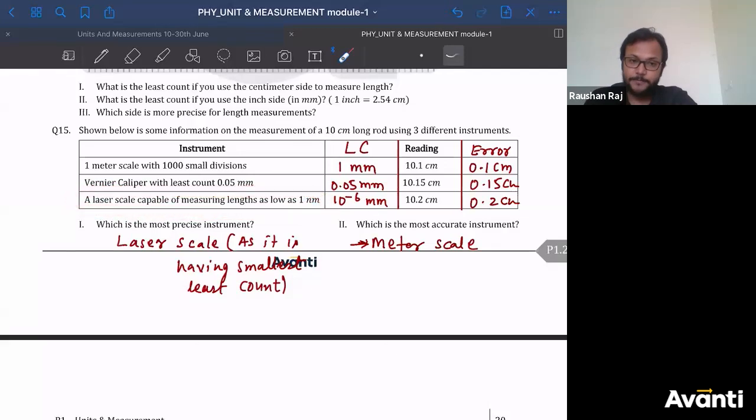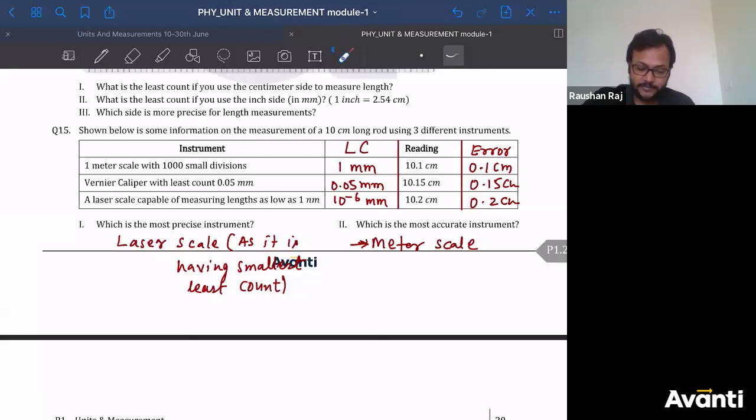But because of the inclusion of some error, some kind of instrumental error or human error, this laser has not measured accurately. Okay? So can I say that the ability to measure accurately and the actual measurement are two different things.